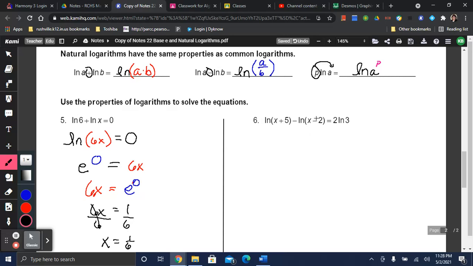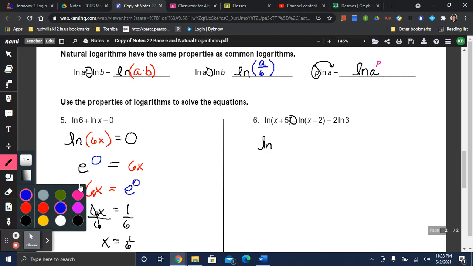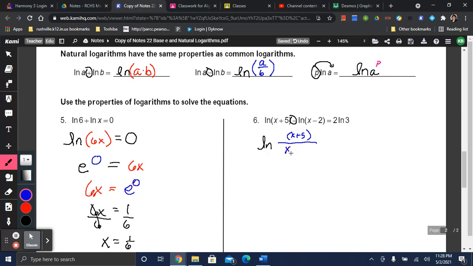And then finally, we have 2 logarithms on this side and 1 on this side. So the 2 over here has subtraction. So this subtraction will change it to a single logarithm with division. So x plus 5 divided by x minus 2. And then on the other side, we have a single logarithm, but this 2 can become an exponent to the 3.